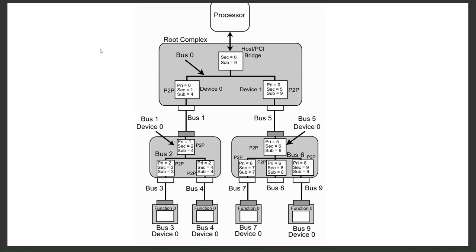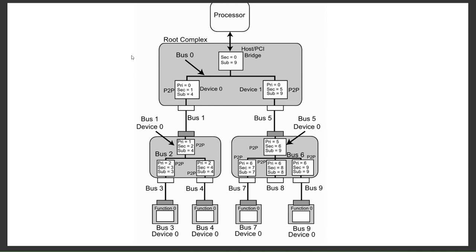When a configuration request is made, the host bridge checks if the bus number in the request matches the range of buses it can access, which is determined by the secondary and subordinate bus numbers. If the target bus is equal to the secondary bus number, the host bridge recognizes that the request is for a device directly connected to the bus.